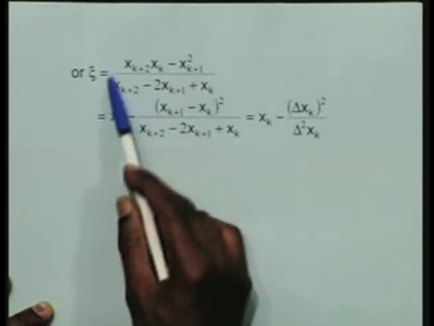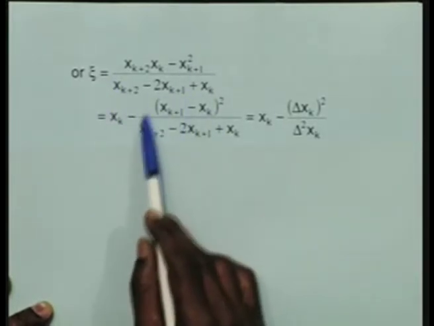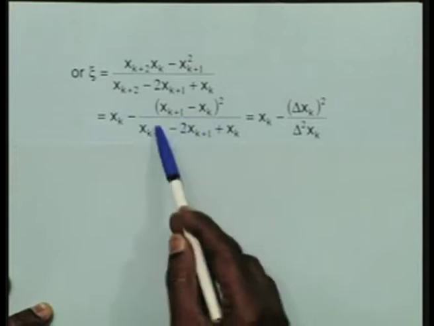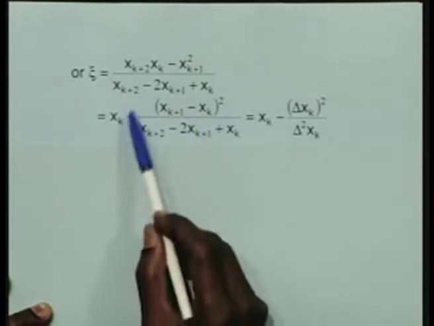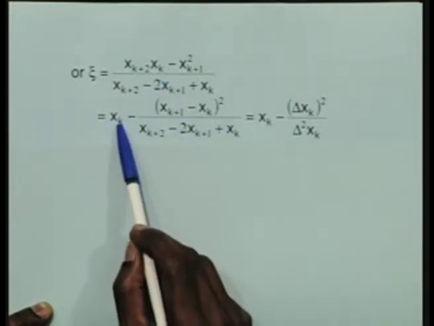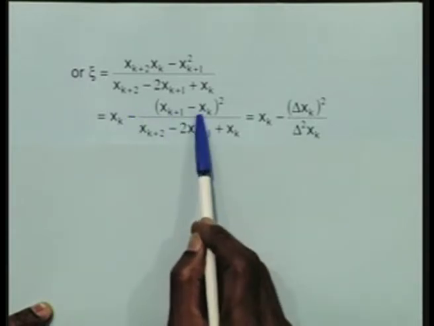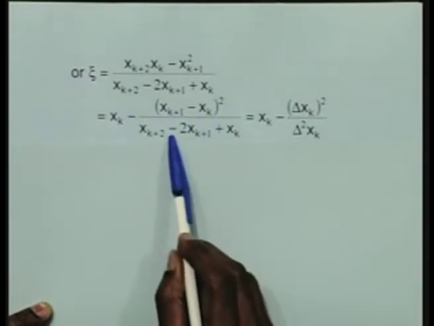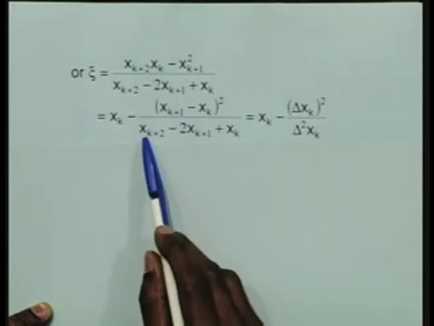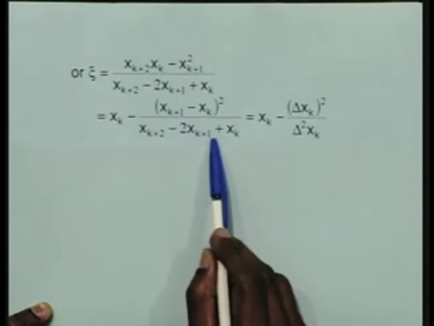So, I would like to rewrite this in the format as x k minus some quantity. So, I can simplify this and write it as x k minus x k plus 1 minus x k whole square divided by this same denominator x k plus 2 minus twice x k plus 1 plus x k.